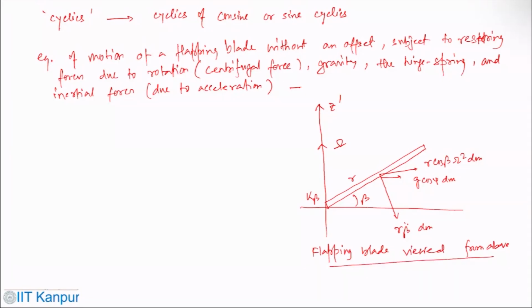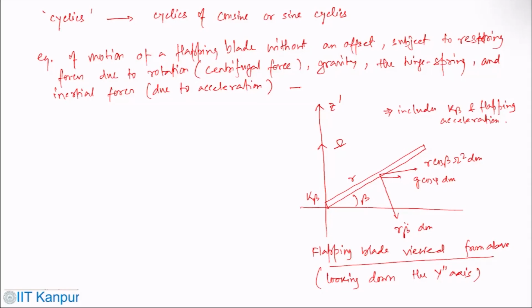Okay. Now, this is essentially looking down the y double prime axis. So here we also include this flapping spring constant and flapping acceleration. So this includes k beta and flapping acceleration. Okay.